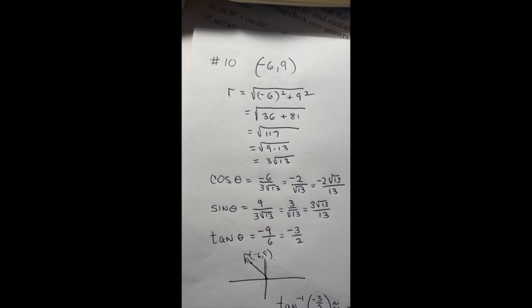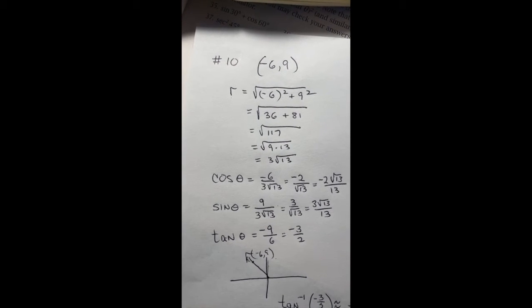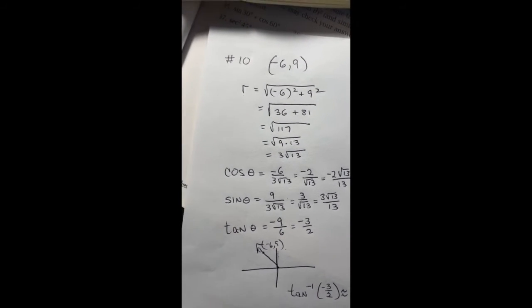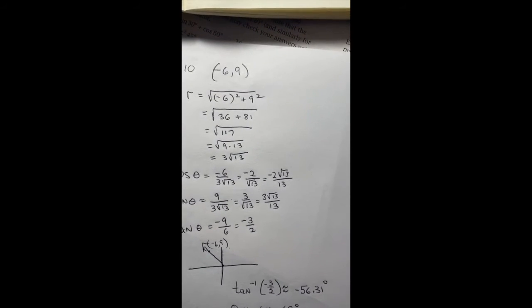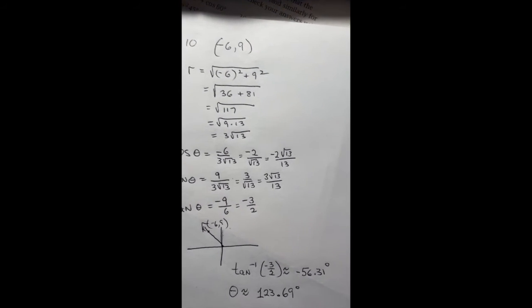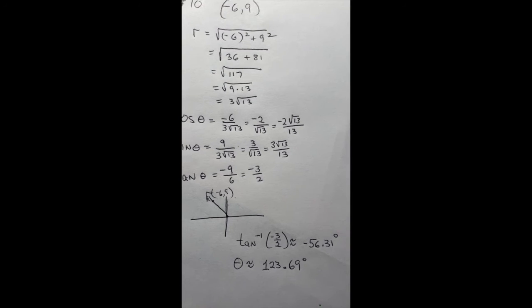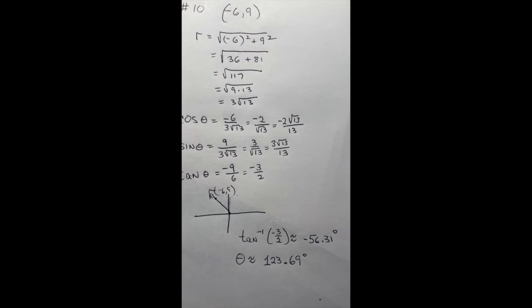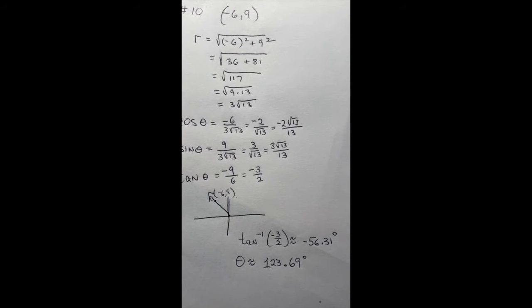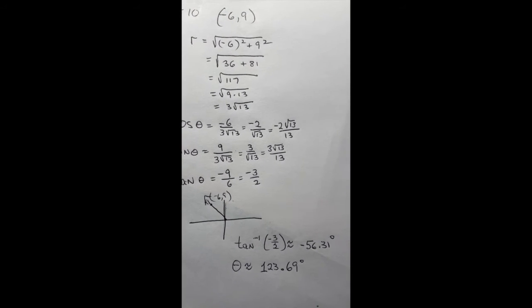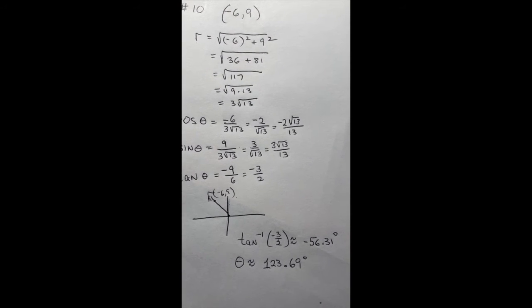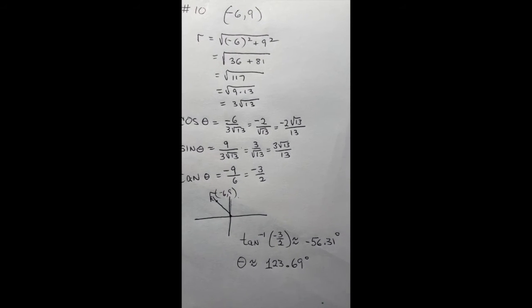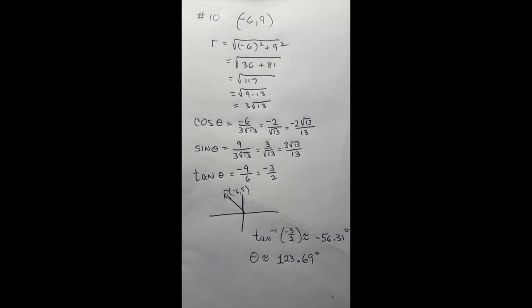So when I put the inverse tangent of negative 3 over 2 into the calculator, it gives me negative 56.31 degrees. And I know that can't be the right answer because the terminal side of this angle is in the second quadrant. So I add 180 to it and I get 123.69 degrees. Okay, so that's number 10.